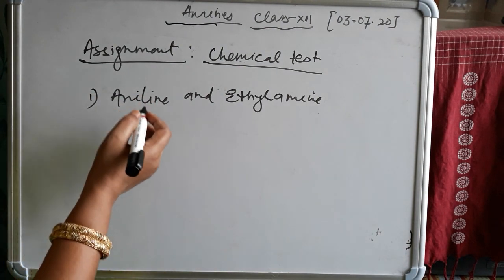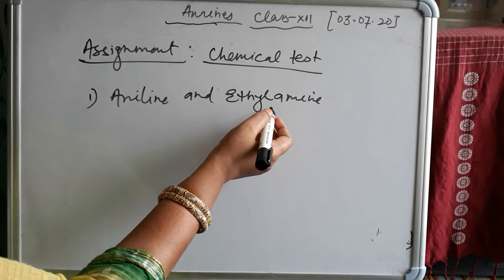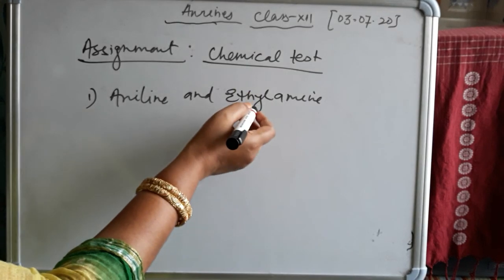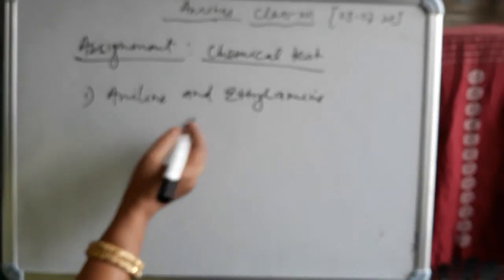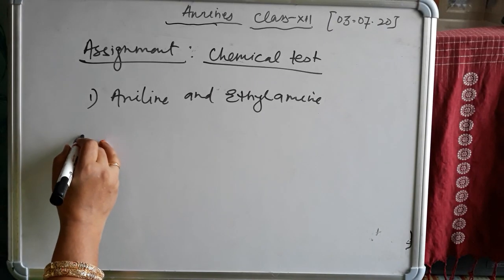Which test is given by this and not given by this, or which test is given by this or not given by this? Both are primary amines. So distinguish them. How can we distinguish aniline from ethylamine?